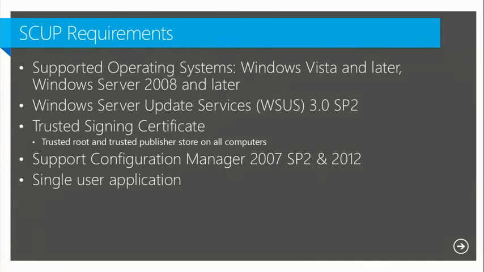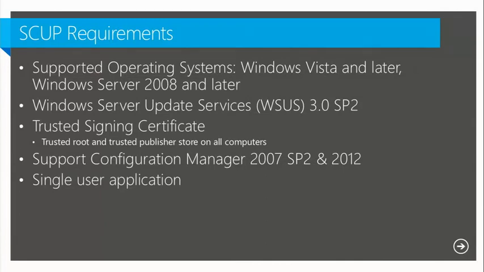Yeah, that's absolutely correct. So when you install SCUP, what it will do is it will actually install the database in your user profile, which in my opinion might not be the brightest of ideas, but that's how it is. What you can do after you have done the installation is go into the configuration XML file, and then in there you can add in a line where you specify a UNC to the database.